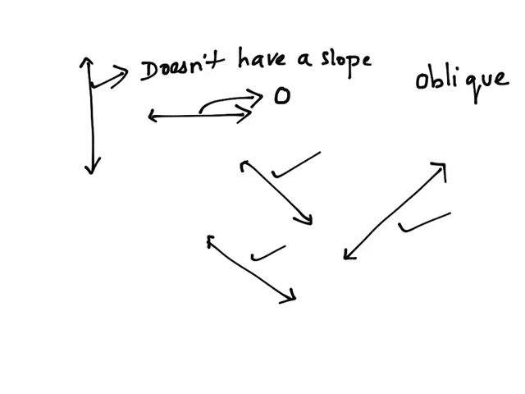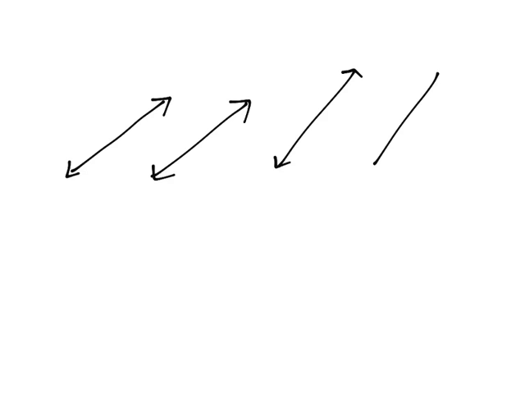Now these kinds of lines, like for example lines like this, let me erase it. Lines like this, all these lines will have positive slope. I'm not going to explain why these lines have positive slope.